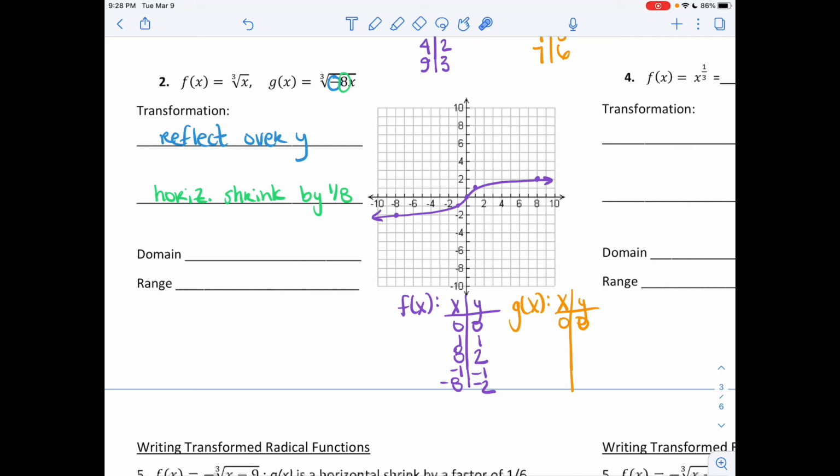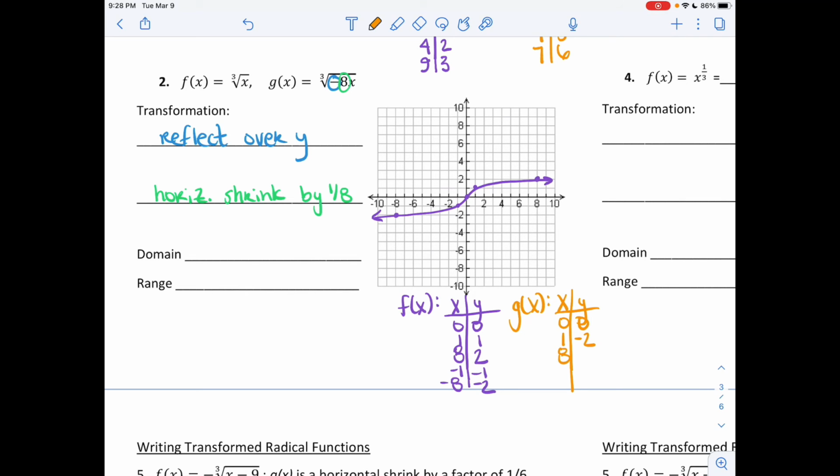The next point that I'm going to pick is a point at 1. And if I plug in a 1 here, 1 times 8 is 8, and it's actually a negative 8. Cubed root of negative 8 is going to be negative 2. The next one I want to do is going to be 8.